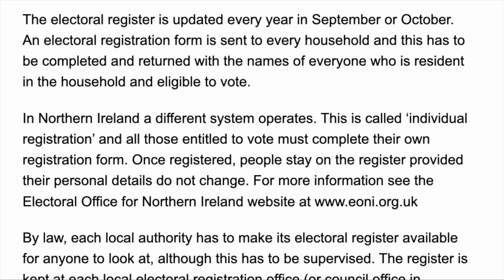The Electoral Register is updated every year in September or October. An electoral registration form is sent to every household, and this has to be completed and returned with the names of everyone who is resident in the household and eligible to vote. In Northern Ireland, a different system operates.